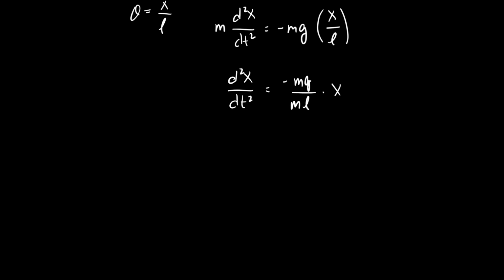I've collected all the constants, and I've got my negative sign, I've got my position. This is a second-order differential equation that represents simple harmonic motion.